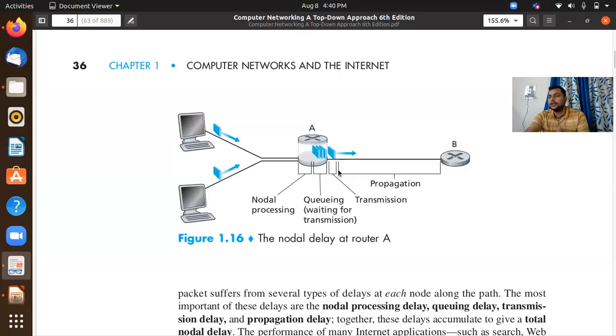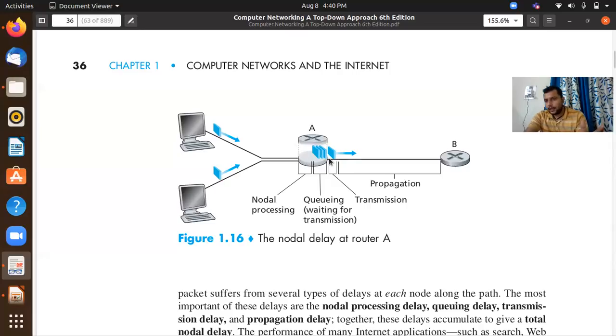So transmission delay, then the propagation delay, then once it comes here, it has to process it and then channelize it up the layer. So in particular, if there is any intermediate node, any router for that matter, the packet incurs four types of delays: queuing delay, processing delay, transmission delay, and propagation delay.